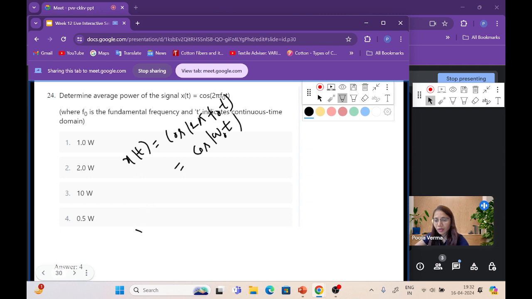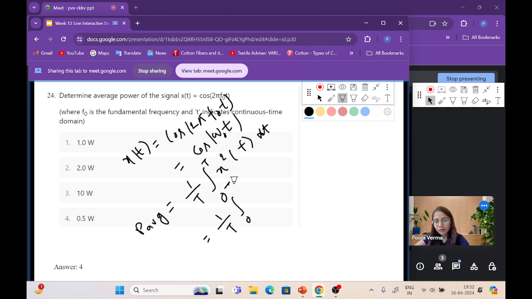We know that power is 1 by T, integral from 0 to T, x square t dt. Now put the value of x: 1 by T, 0 to T, cos square omega naught t dt, right?